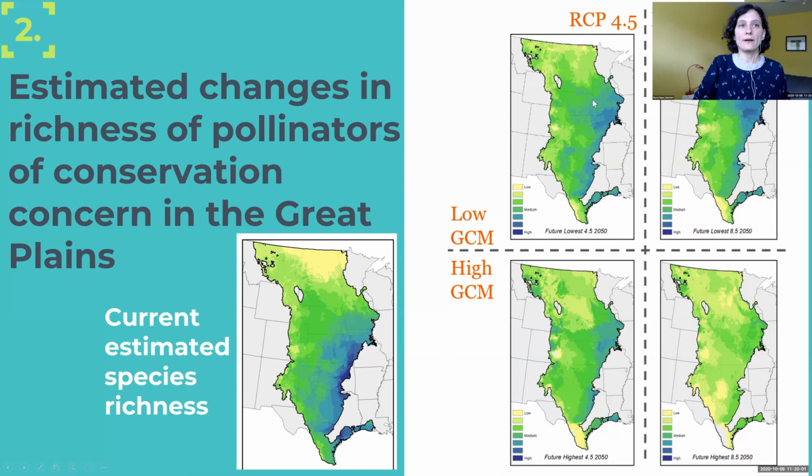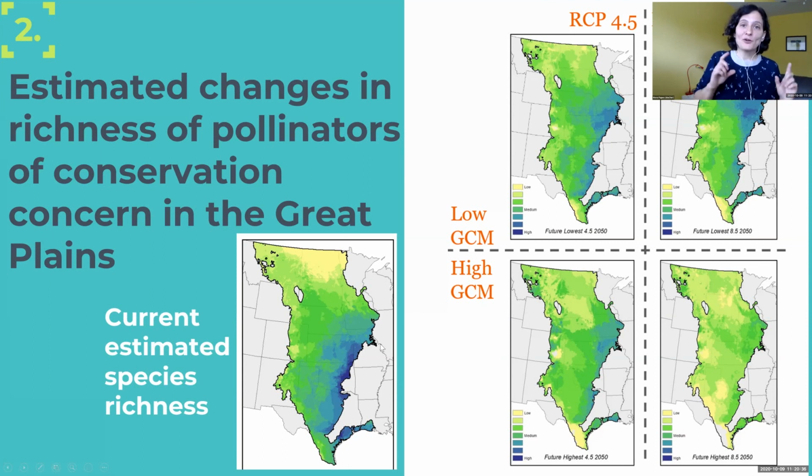If we compare the less dramatic change, low GCM and moderate emission scenario, at this top left map to the current estimated potential species richness, the differences are not that big. Maybe we see in the northern Great Plains actually an increase. So we have more green over here than in current times.